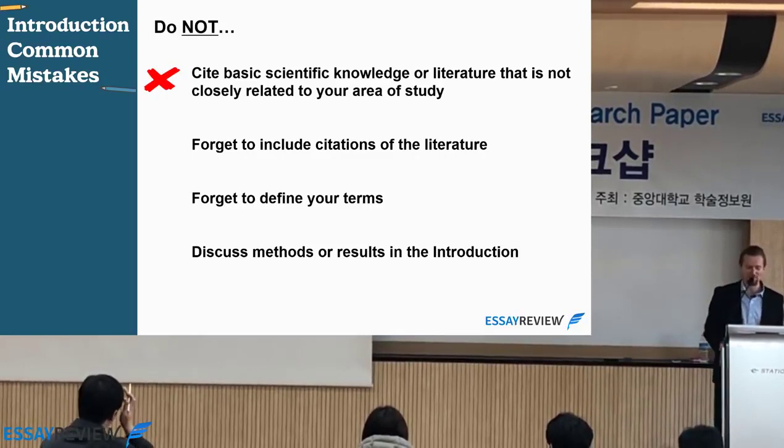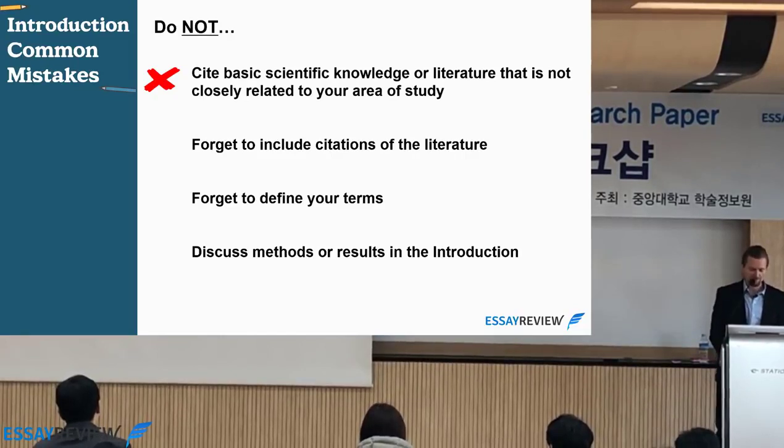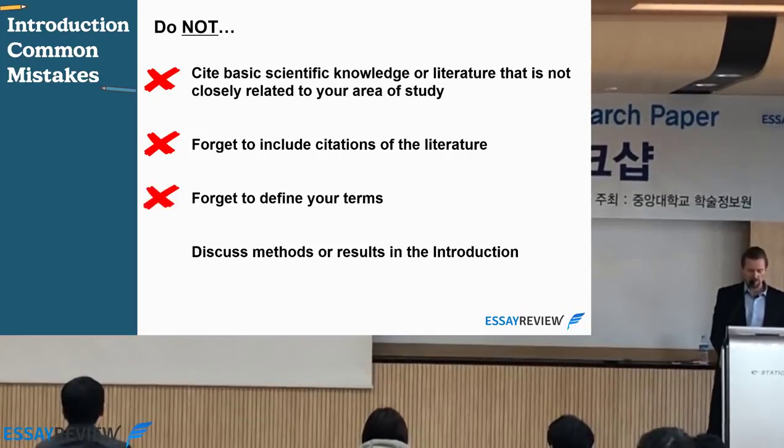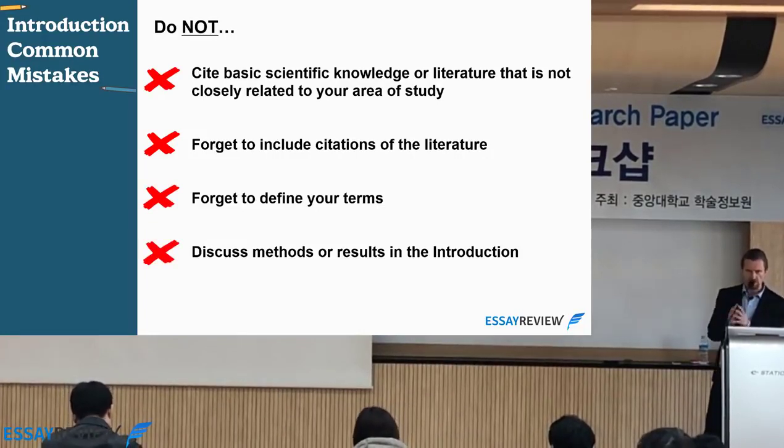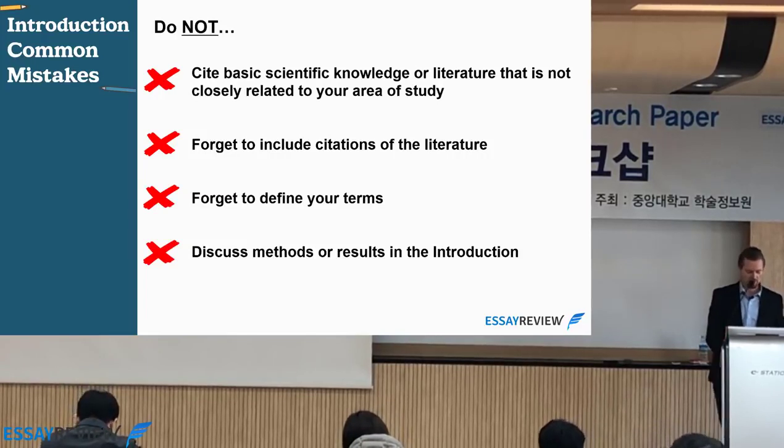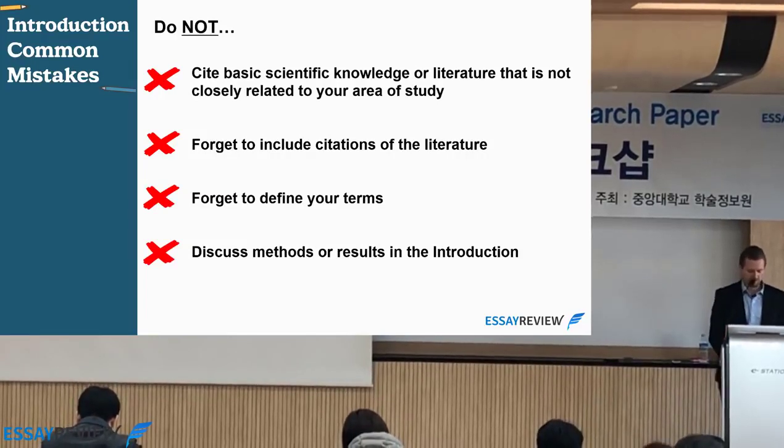I mean, it's not important, so you're not going to get points for putting that kind of literature into your introduction. It's not relevant. Don't forget to include citations. If you don't cite, you are plagiarizing, and that's very bad. Don't forget to define your terms. You have to define your terms in the introduction. And don't discuss your methods and results in detail. Bring them up, but don't go into great detail.